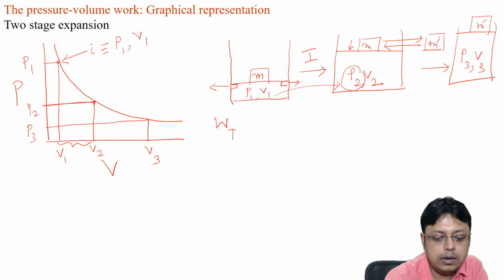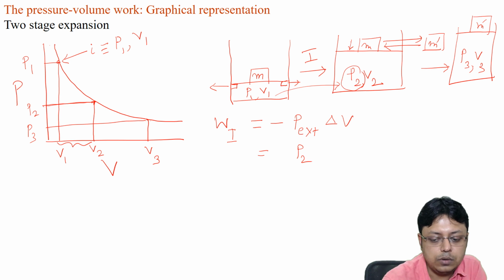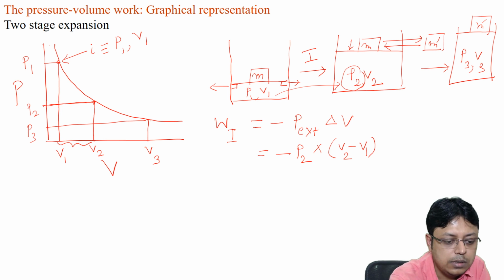So work done in stage 1 is minus P external into delta V, where P external in this case is P2, and delta V is V2 minus V1. This is represented by the area under this curve.